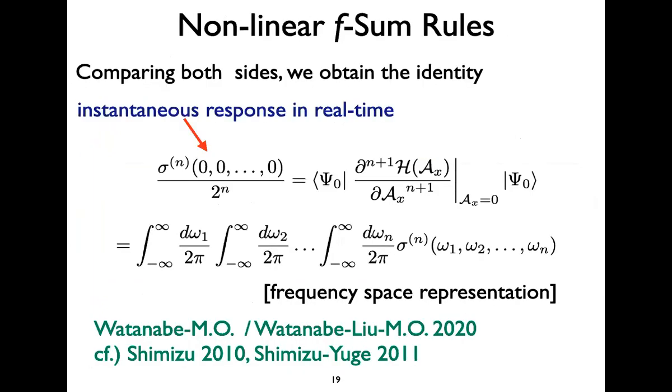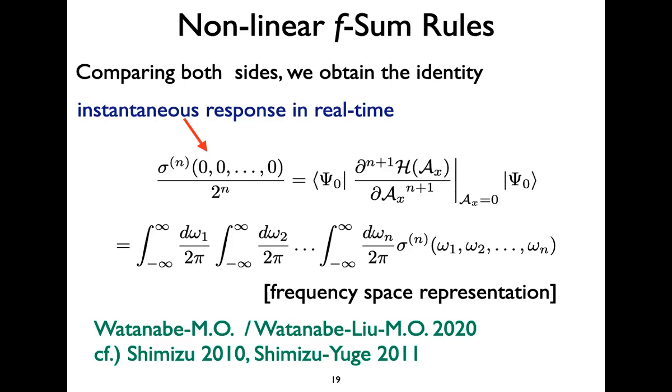To summarize, as a result of comparing order by order between the left-hand side and the right-hand side, what we obtain is this formula: the instantaneous response of the current to the electric field in real time at Nth order is given by the ground state expectation value of the (n plus first) derivative of the Hamiltonian with respect to the vector potential.